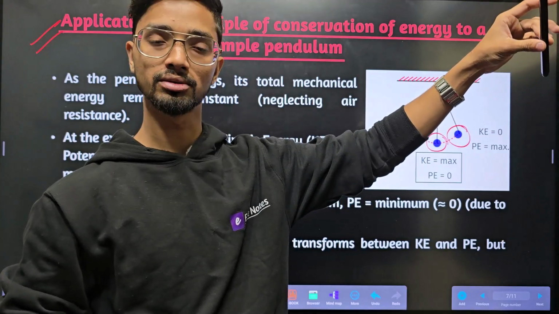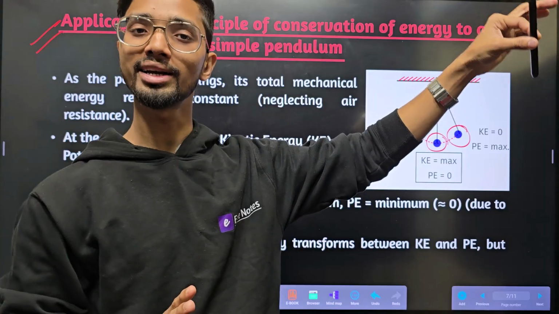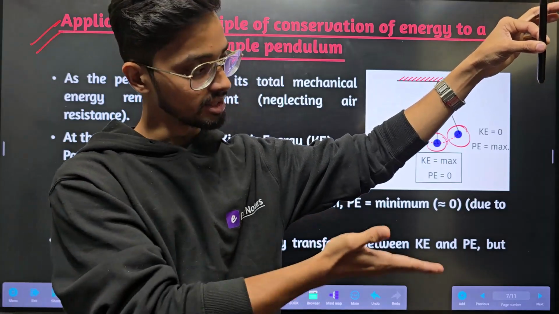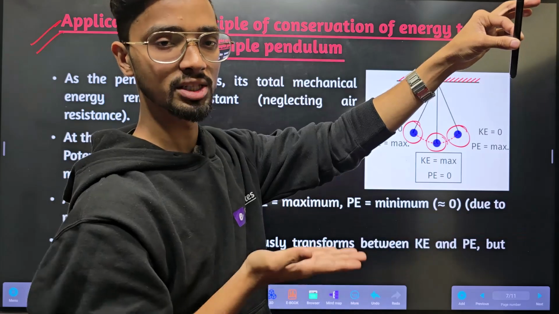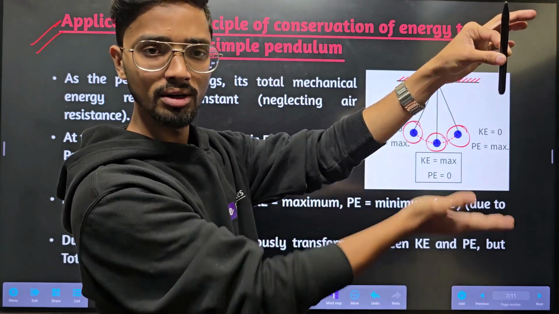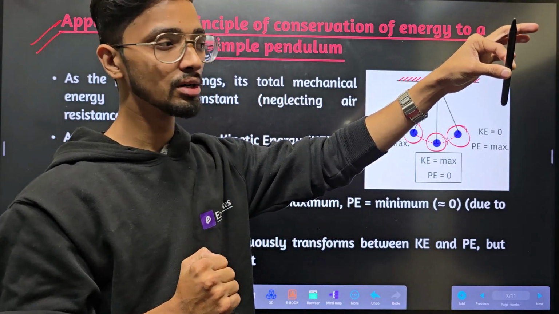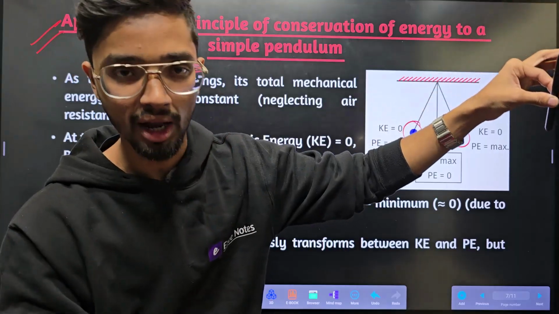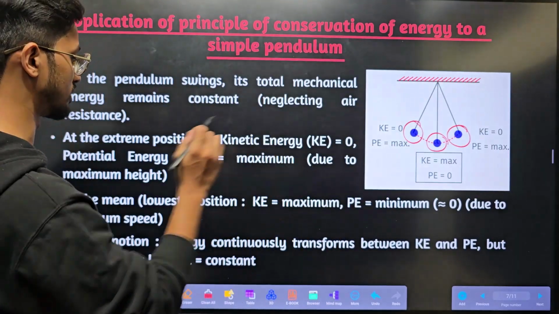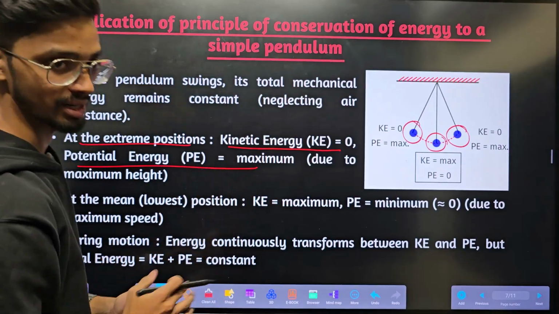If it stops, there will be no speed, there is no kinetic energy. But if this is the reference point, it has risen some height above the reference point, so there is some potential energy. At extreme position kinetic energy is 0 but potential energy is maximum.